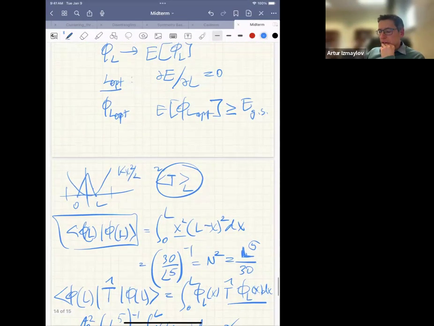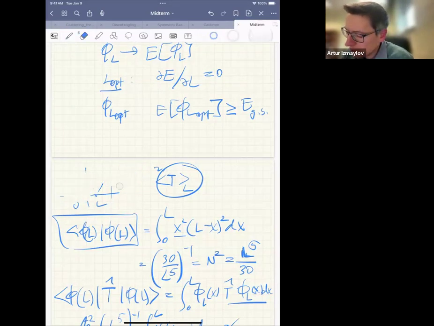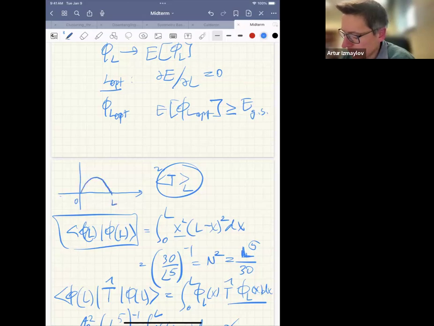And I guess I didn't finish the picture here, so let me be careful in my notation. So we have axis here, 0, L, and function is like this, and the potential is quadratic, right?